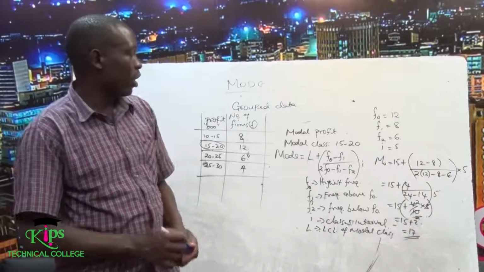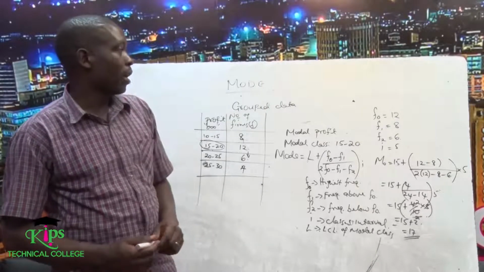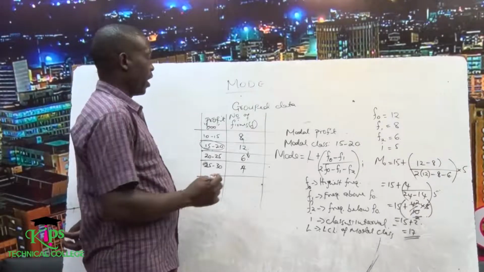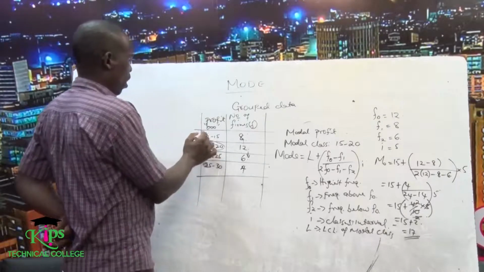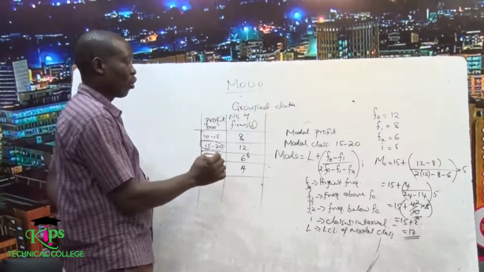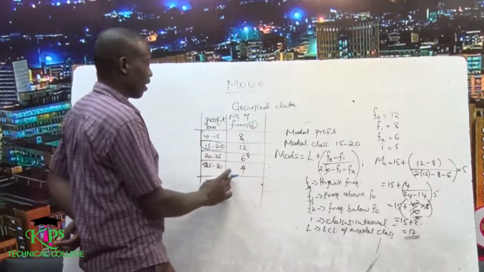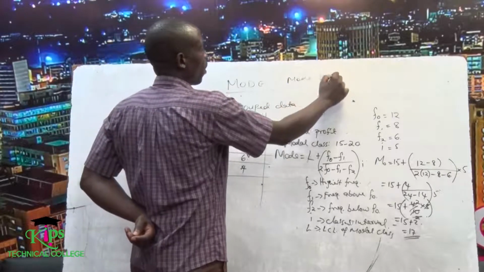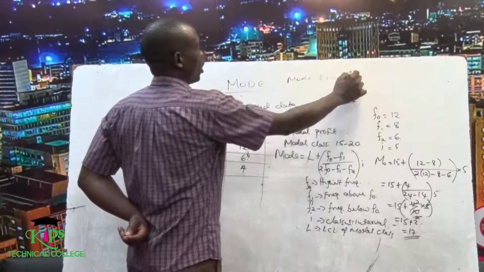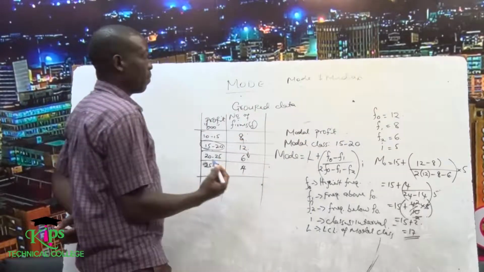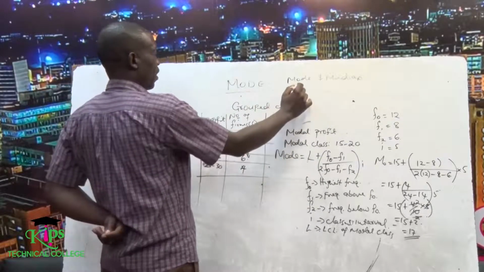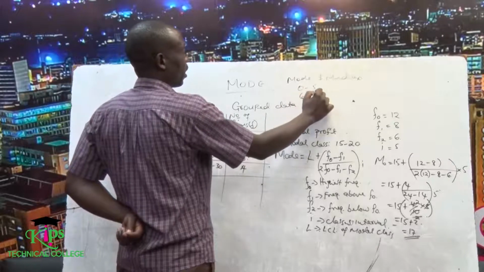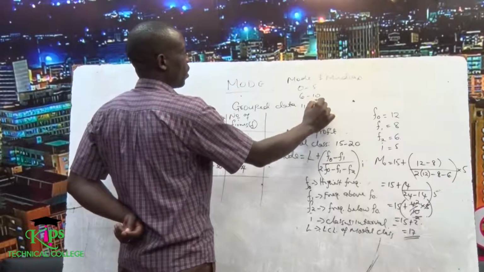So with the mode, it is quite simple, but I also want to give a clarification. Anytime your data or your classes are not continuous, for the mode and the median, you need to make them continuous. You can be given a case where the classes are from 0 to 5, the other one starts from 6 to 10, the other is 11 to 15, like that.